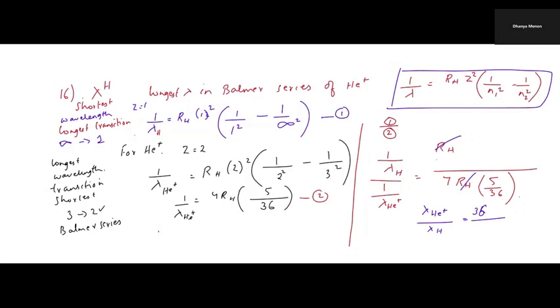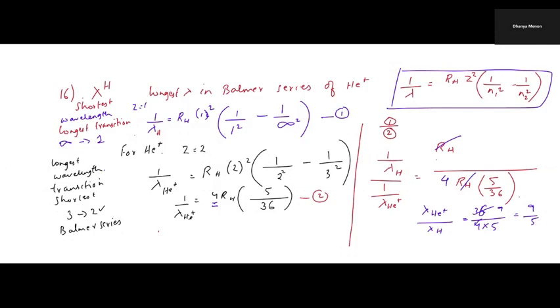Sorry, I made a mistake by writing 7. This is 4, as you can see. So 4 times 5. When I solve this, I get 9 by 5.